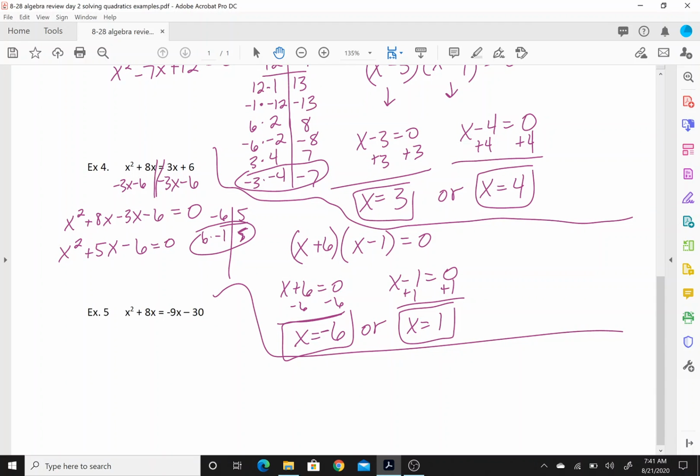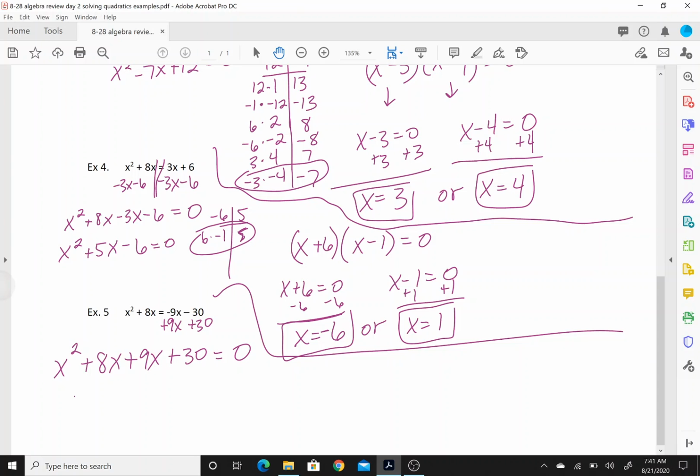We have this x squared plus 8x minus 9x minus 30. To move these two terms over to the left-hand side of my equation, I'm going to add them. So I'm going to end up with x squared plus 8x plus 9x plus 30 equals 0.